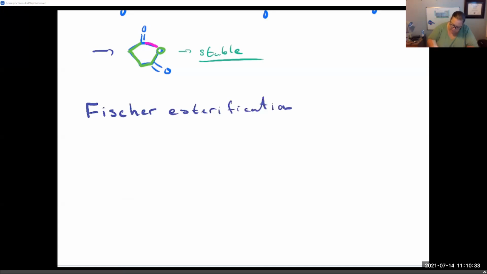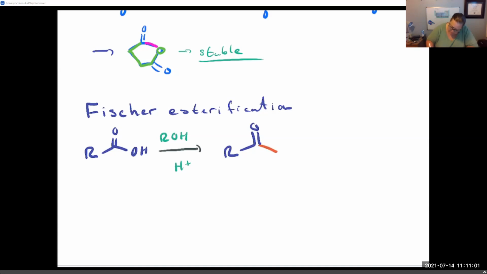Now, the Fischer esterification takes a carboxylic acid, reacts it in the presence of an alcohol, it is acid catalyzed, and we form an ester. And there we go.